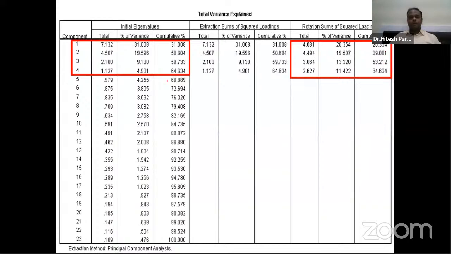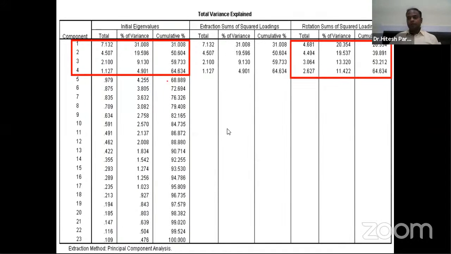The next table that we need to interpret is total variance explained. Now you can observe that the eigenvalues are 7.13, 4.50, 2.10, 1.112, 0.97. So from the fourth number, the eigenvalue is 1.112, and then it is less than 1.